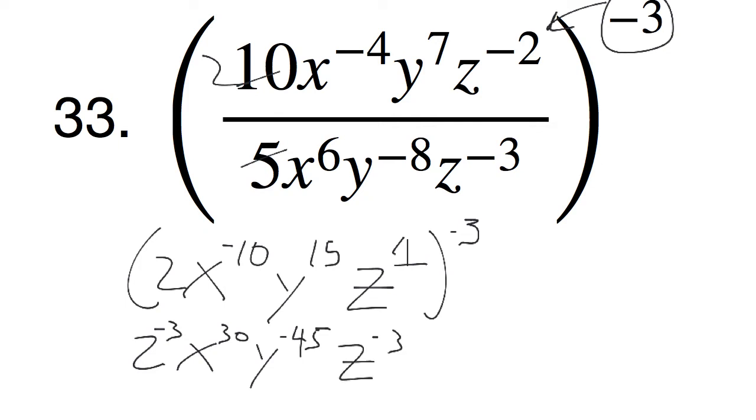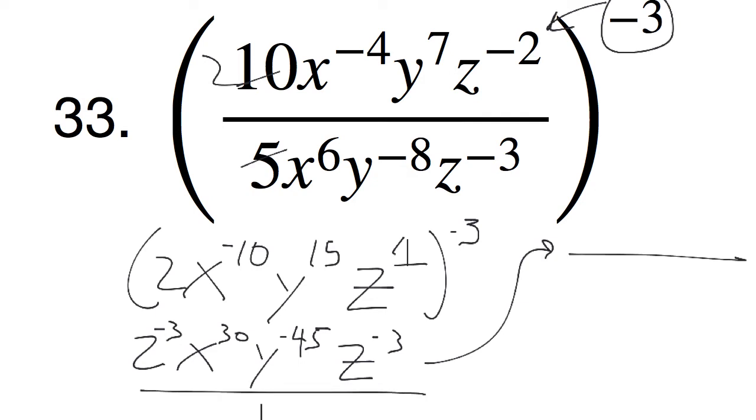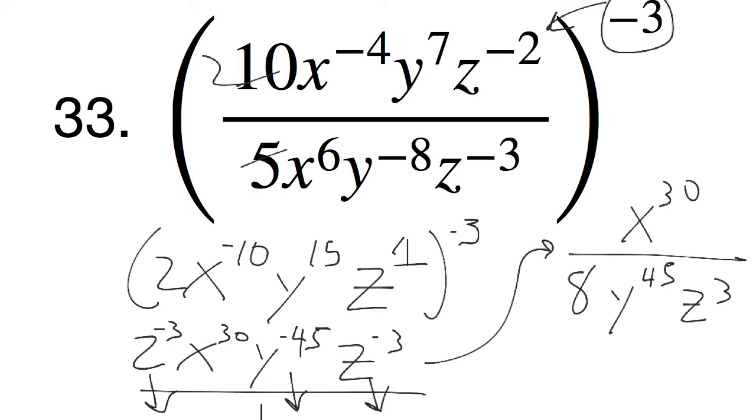Turning it into a fraction, I'm going to cross the line to change the sign. So I'm going to bring this one down, this one down, and this one down in order to change the sign. 2 to the third, to the positive 3, which is actually just 8. X to the 30 stays on the top, y to the positive 45, and z to the third. That is the simplest version.